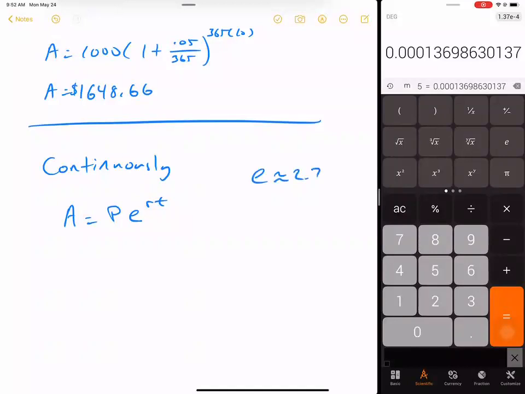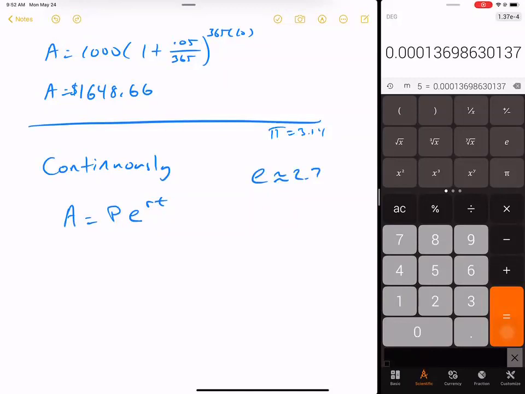If you remember pi from geometry was 3.14, this idea of being paid out continuously is this e, 2.7. If I took this rate and kept paying you over and over and over, dividing it an infinite number of times, this would give us our 2.7 number.